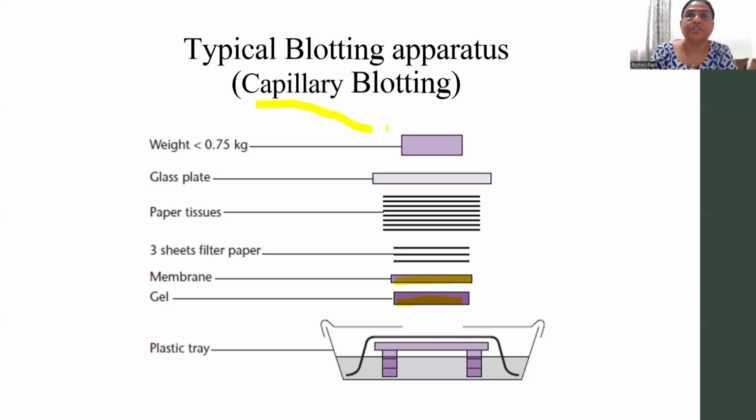As the name suggests, in capillary blotting, with the help of capillary action, the DNA from the gel moves over the membrane. In this way, there is blotting of the nucleic acids over the nylon membrane or the nitrocellulose membrane.